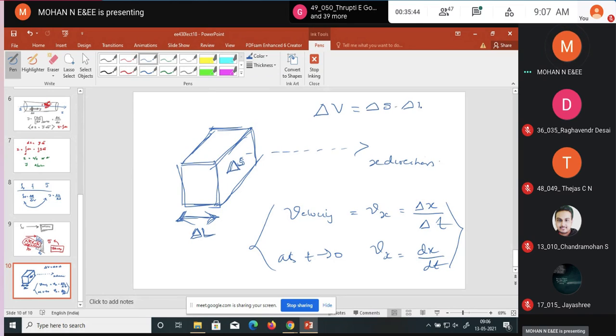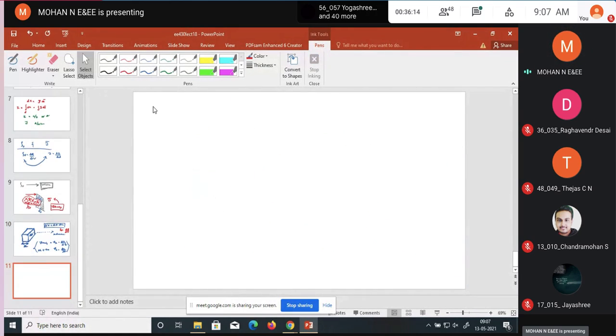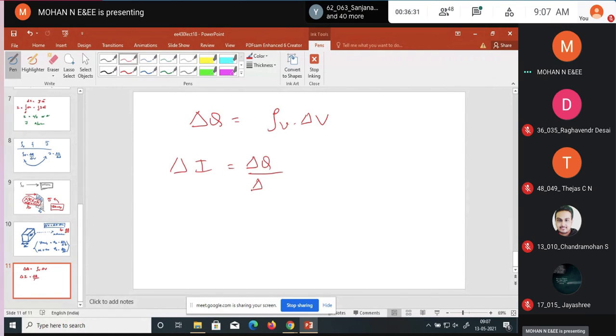It is delta S into delta L. So the volume of the charge is delta V equals delta S into delta L, and we have the expression for rho V as delta Q by delta V. From this we can write delta Q equals rho V into delta V, and electric current delta I is delta Q by delta t.